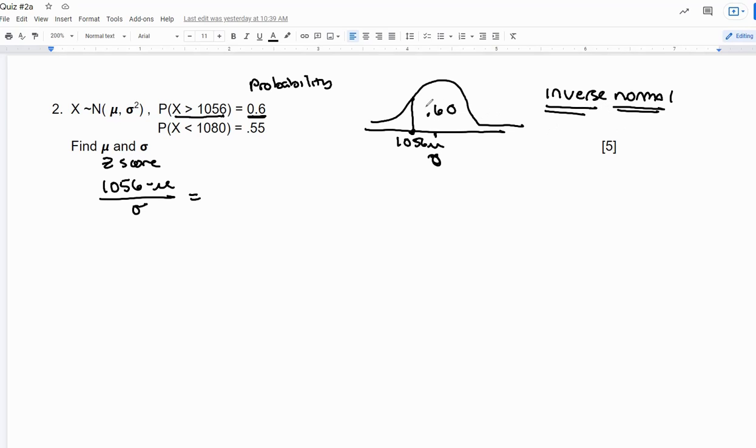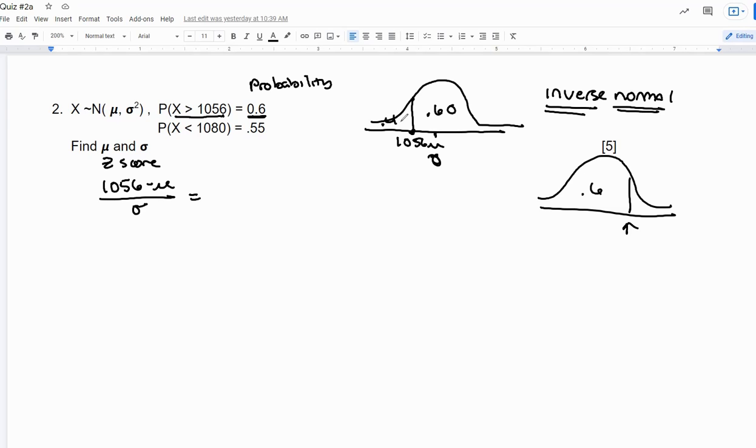So if I put in 0.6, it's going to give me this number right here. Does that make sense? If I go to inverse normal and I put in 0.6, that'll give me this number right here. Now, that's not the end of the world, but what I could do is, if there's 0.6 over here, how much is over here?